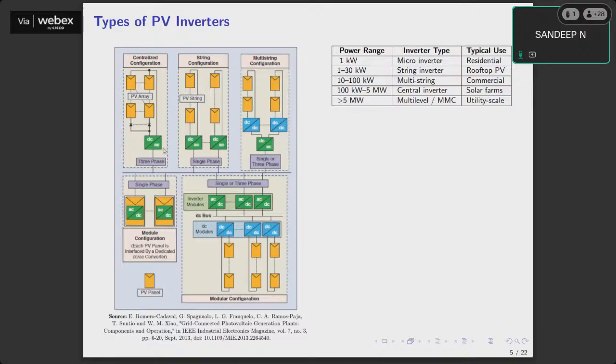For all the solar farms, we go for a central inverter, and above that, we go for a multi-level or MMC configuration. These micro inverters are very popular since we typically use them in residential settings, and even the string inverters can be on our rooftop. Okay.